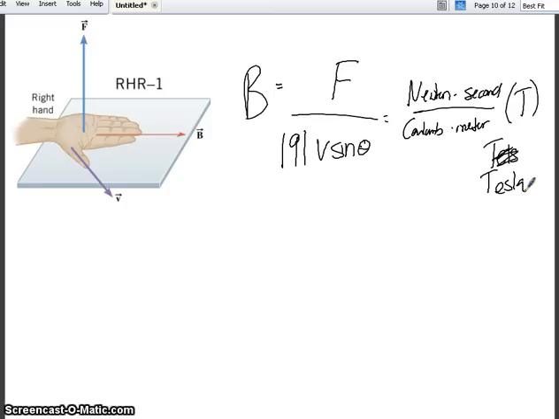Looking at our picture again, the angle theta in sine theta comes from the angle between the direction of the moving charge and the magnetic field. If V and B are 90 degrees, the sine of 90 would just be 1.